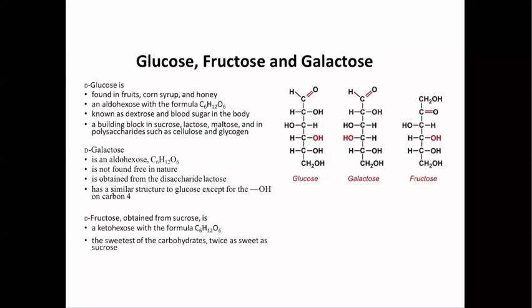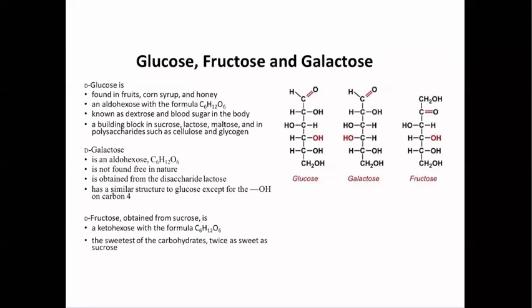Now, glucose is also known as dextrose. And in the body, when you're getting readings of the sugar in the blood, what they're looking at is the levels of glucose, okay? Glucose is so important because it's the building block of disaccharides like sucrose, maltose, and lactose.